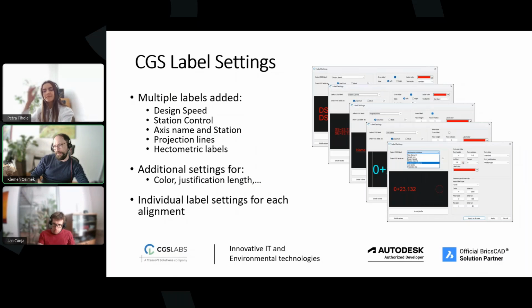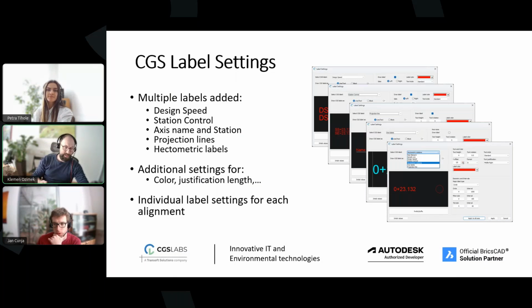In the previous version, we only had it for the main elements and profile labels or the sample line labels, but now we have added 5 more labels on this interface.